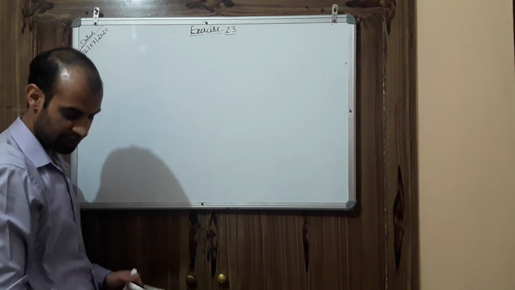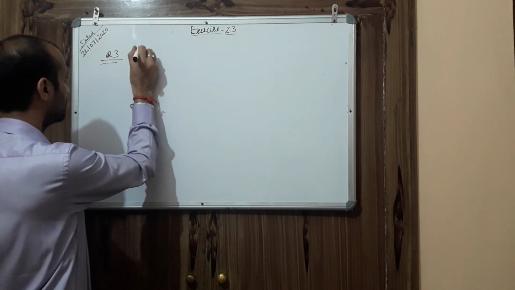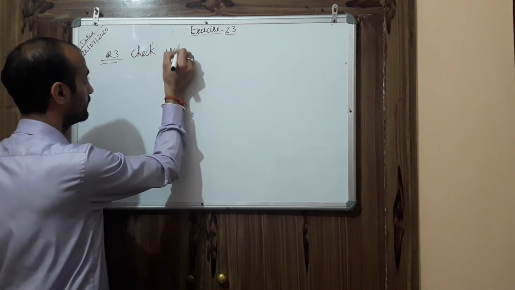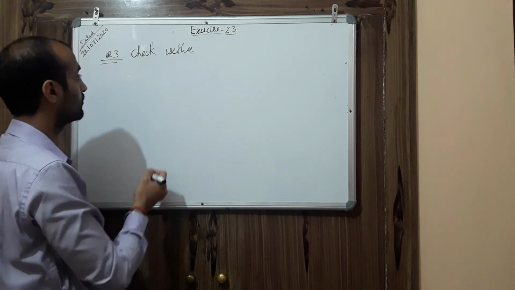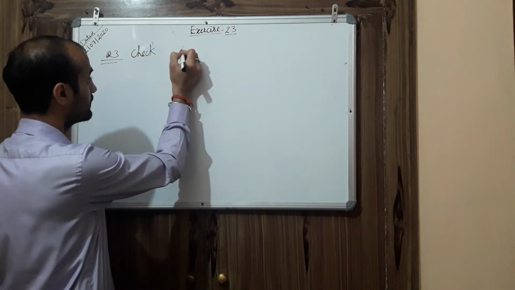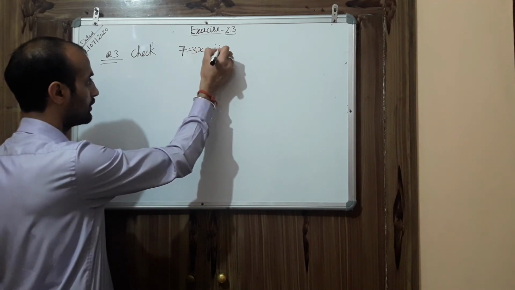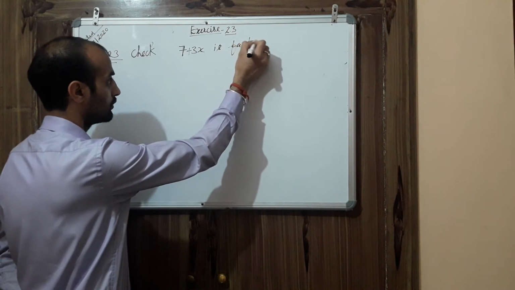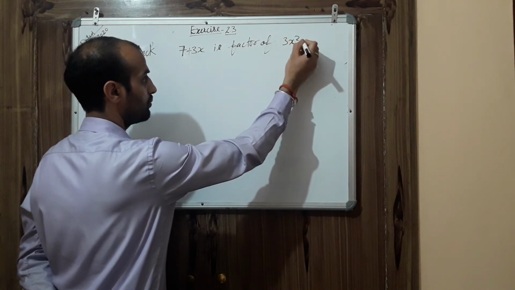So next one is question number 3. It is written: check whether 7 plus 3x is a factor of 3x raised to power 2 plus 7x.